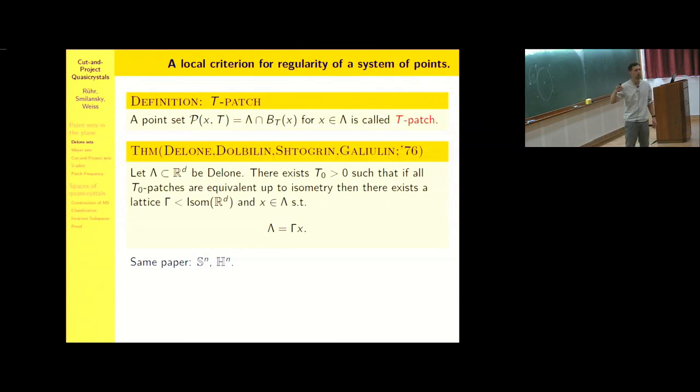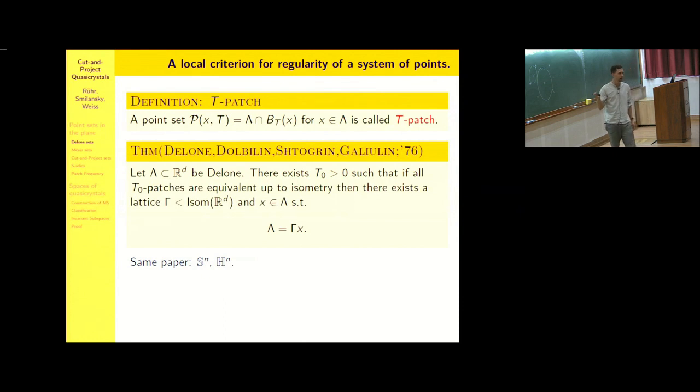Delone was the first one to introduce this condition of finding small r and big R. They proved that if you have this point set, then there exists some T naught, so that if you look at all T naught patches up to a symmetry, here the full symmetry group of Euclidean space, so translations and rotations, and you only see one patch, then actually this point set has to be very structured.